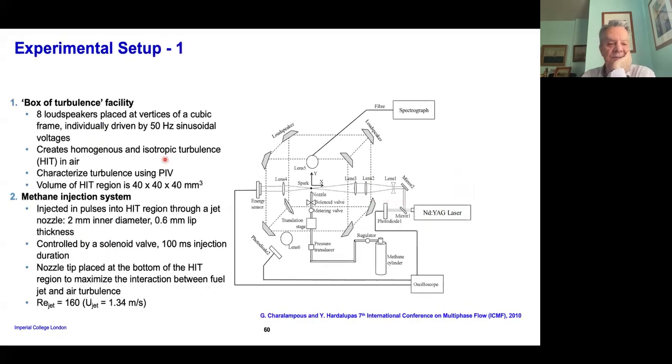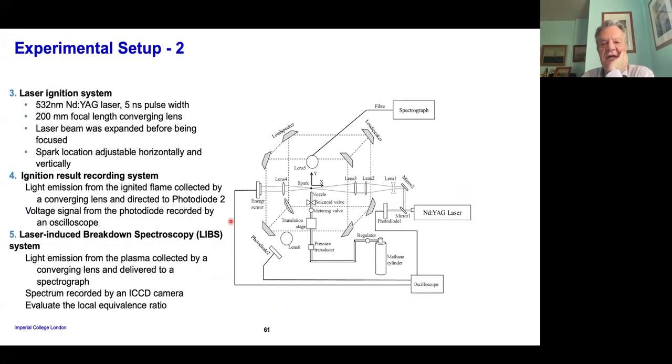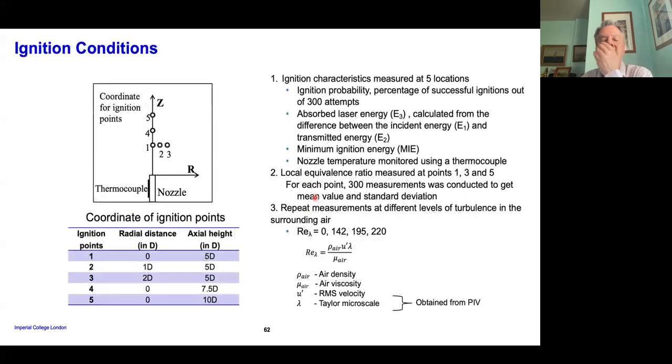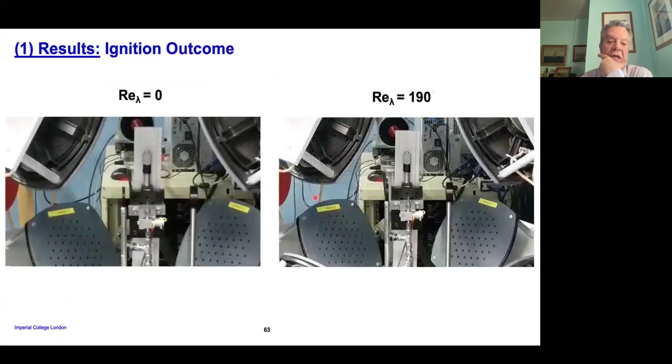So we set up a pulse jet in the middle of the box of turbulence to do pulsed injection. And I want to show what actually happens. This is a video. On the left you have a turbulent Reynolds number of 0, so basically the box of turbulence does not operate, the loudspeakers do not operate.